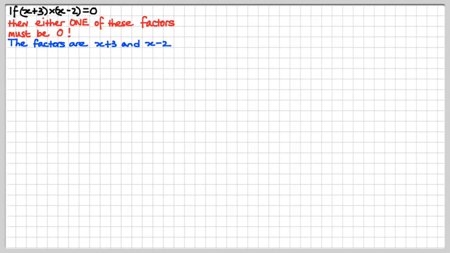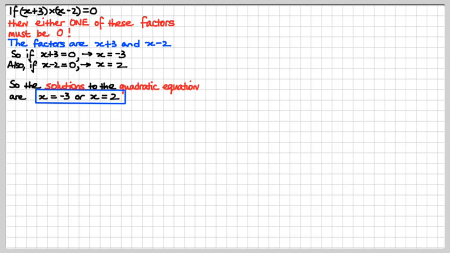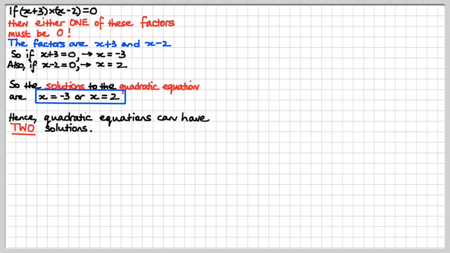So therefore the factors are x plus 3 and x minus 2, which means that if x plus 3 was 0, then x must have been negative 3. And alternatively, if x minus 2 was 0, then x would have been plus 2. So these are both solutions which make that equation work. So the solutions to the quadratic equation are x is minus 3 or x is plus 2.